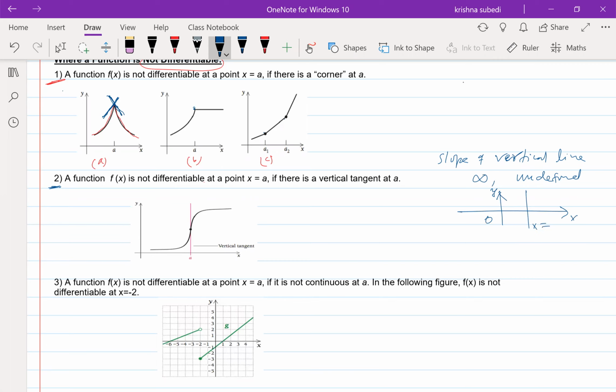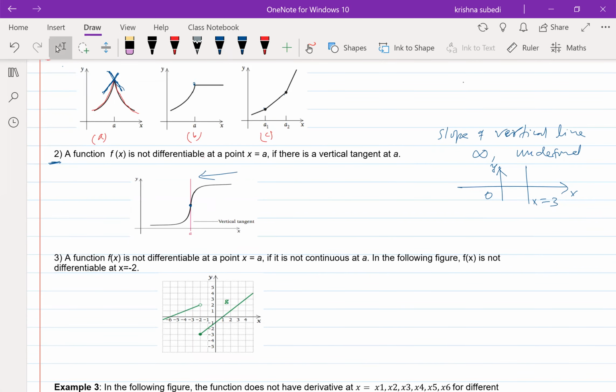Let's say this is x equals 3, then the slope of that line is undefined. So at this point, when you draw a tangent line, you're going to get a vertical line. The slope of a vertical line is undefined, so the derivative doesn't exist at that point, because the derivative means the slope of the tangent line.